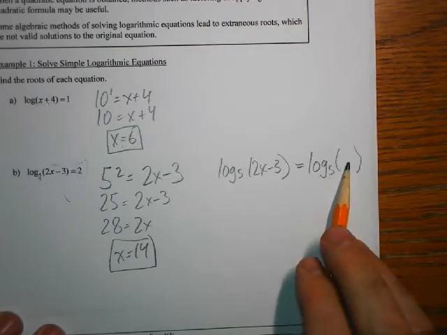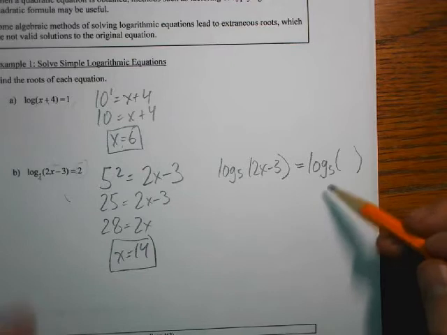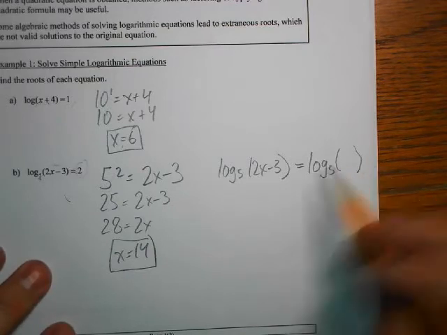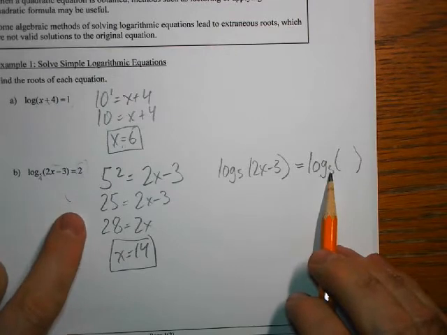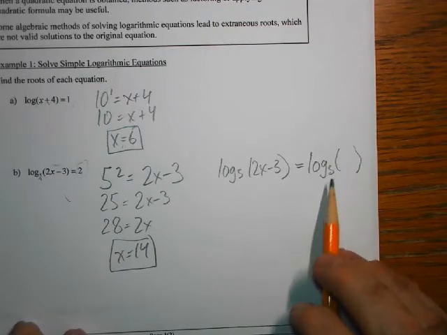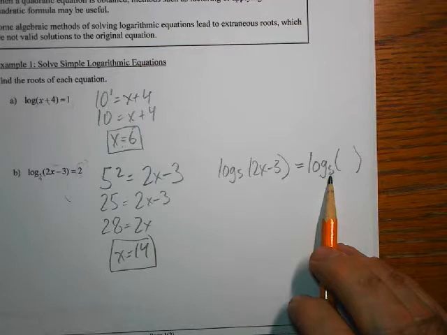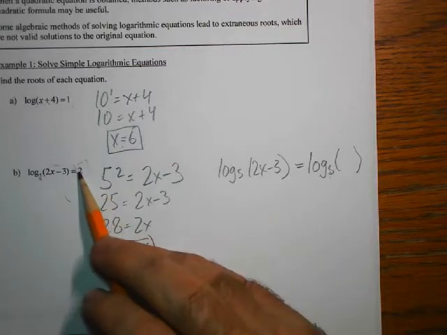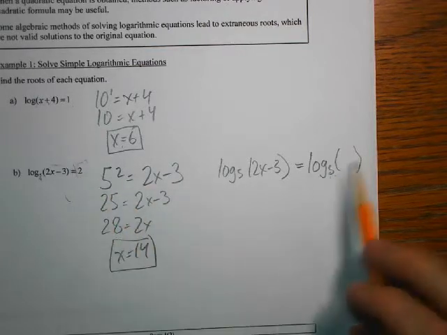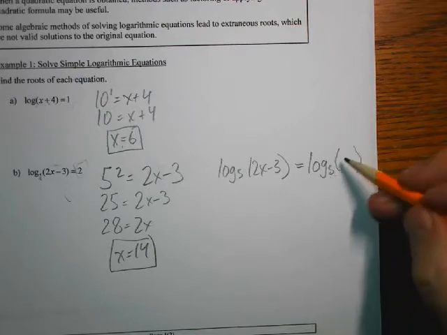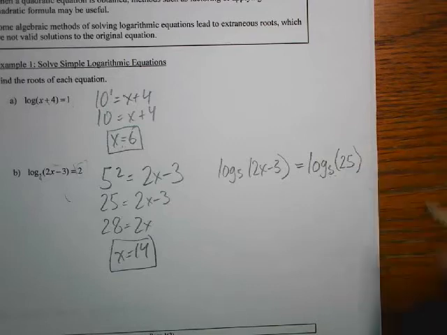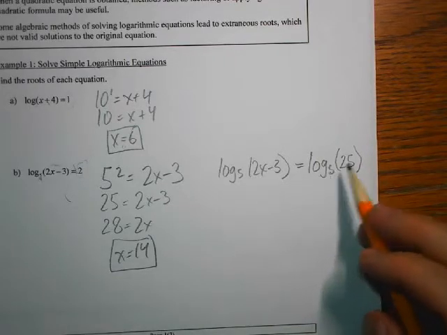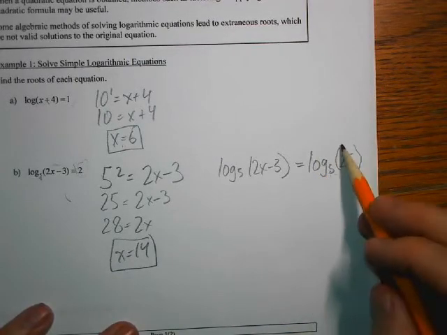So what number goes in here so that 5 to the power, so the result here is 2, 5 to the power 2 would be inside here. So 5 squared is 25. So if you were to evaluate this, it is equal to 2.